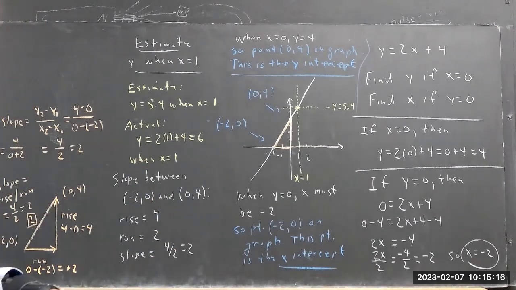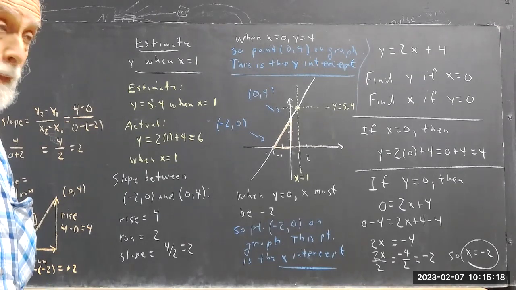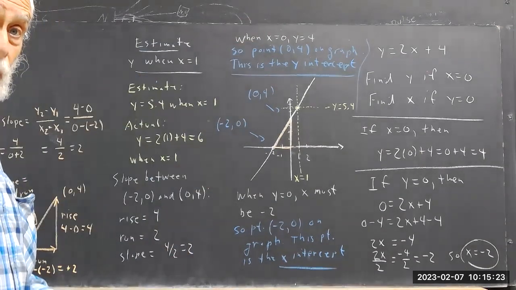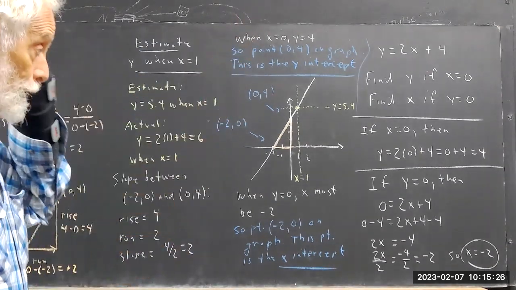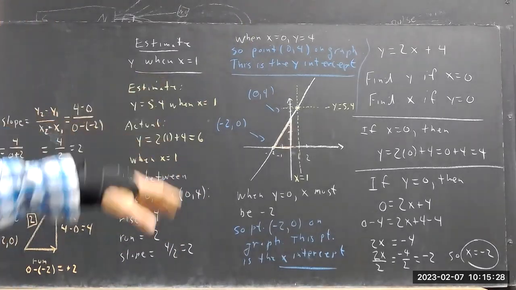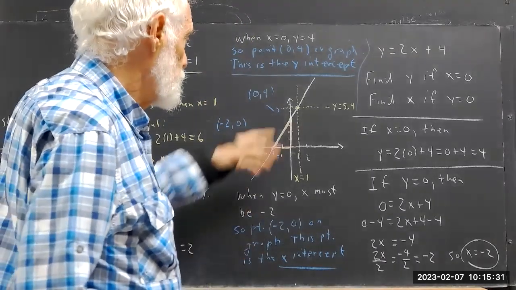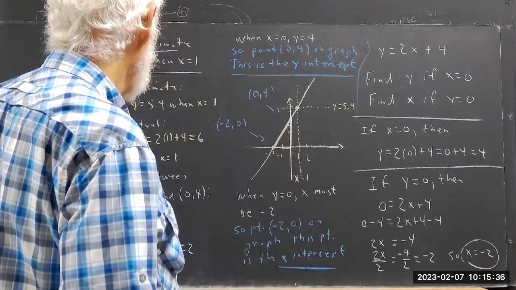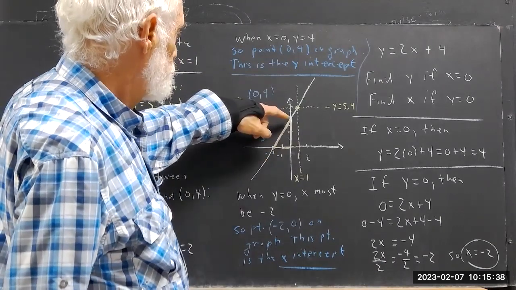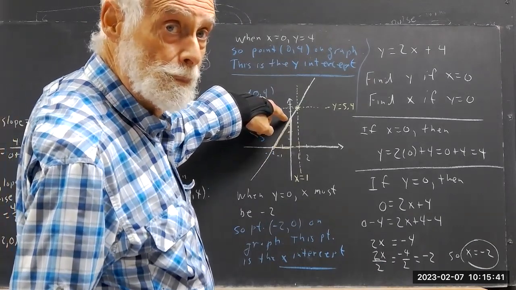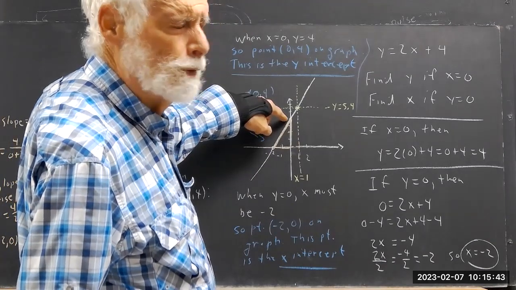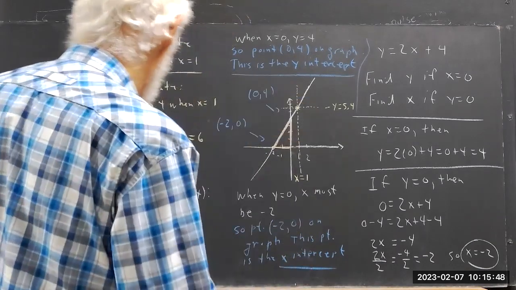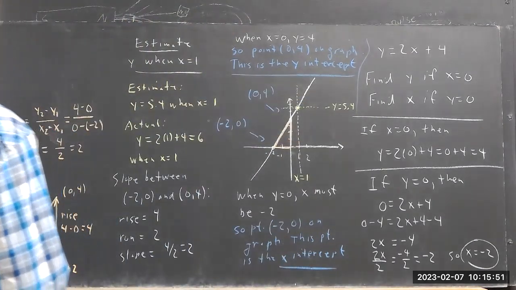And well, we could use 2 other points in the graph. If we do, the slope is going to be the same, because the graph is a straight line. The slope doesn't change. Now, if we had a little more time, because we got hung up in several things here, we'd go ahead and do that. You could use the point (0, 4), sorry, and the point (1, 6).